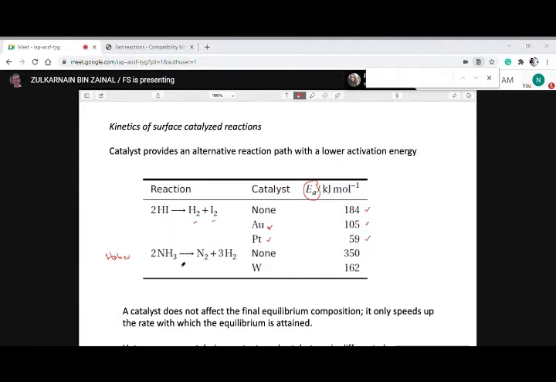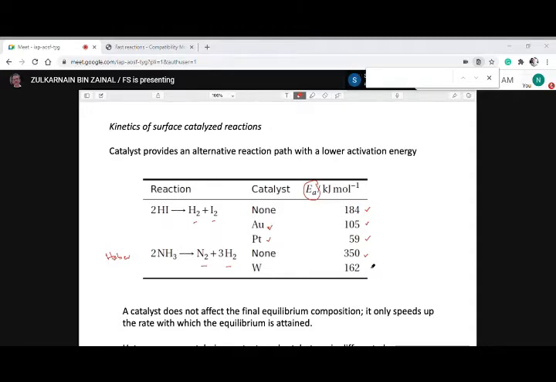So this is the process of splitting ammonia into nitrogen and also hydrogen. Okay, you can see this process can be done without a catalyst, but of course the EA value of the process without a catalyst is too high, and the reaction will be very slow.